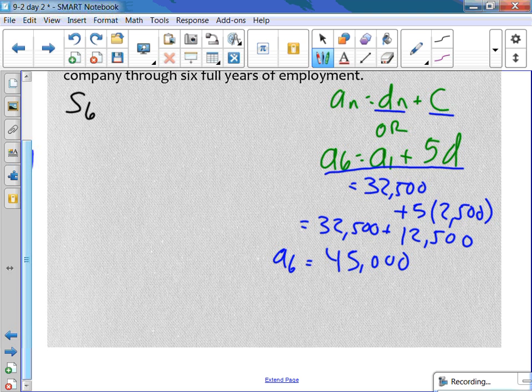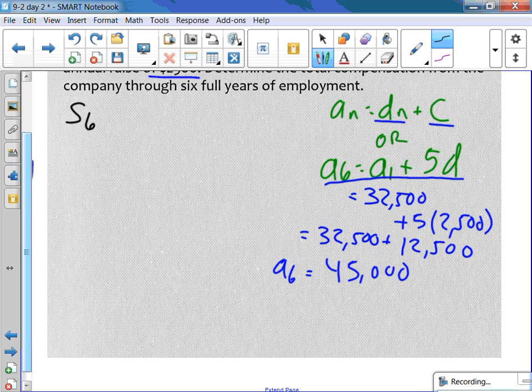So now, can we calculate this? So I have my n over 2 times the first term plus the last term. Right?